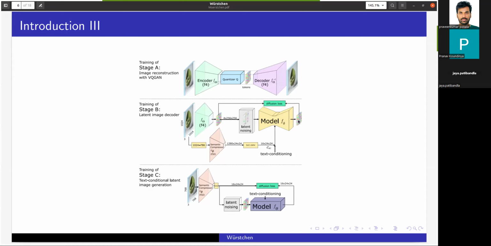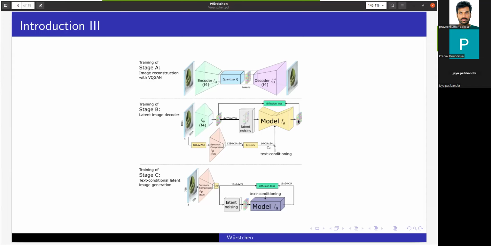So this is the reason we shall use the embeddings generated by the semantic compressor, perform noising on it, and then use it to train the model C. Basically, once the model is trained, it shall learn how to generate the same kind of embeddings that were generated by the semantic compressor.